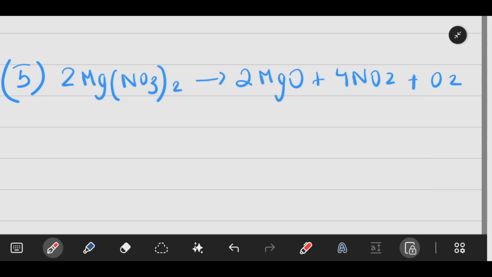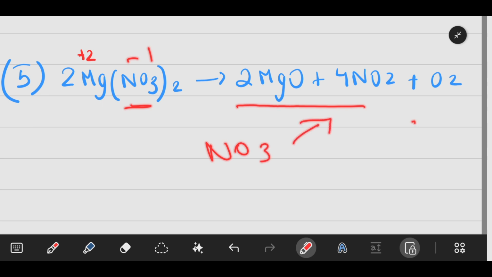Magnesium belongs in group 2, so it will be plus 2. Now NO3 is a radical and it has a charge of minus 1, but notice that there is no NO3 on the product side. This was the reason why I said to check both sides, in order to be sure that they are both present.